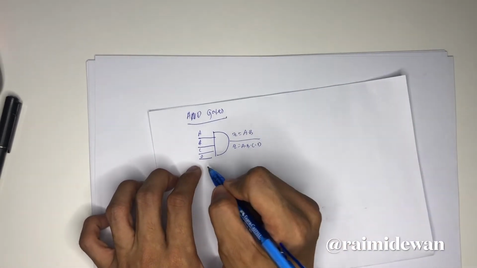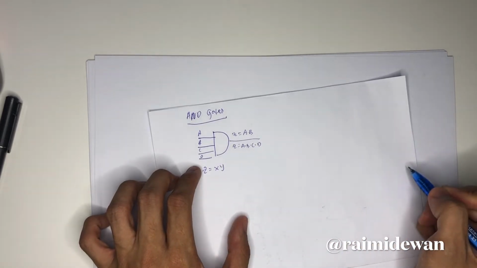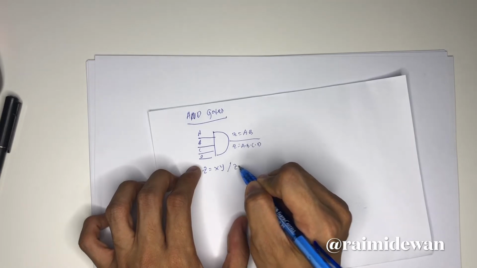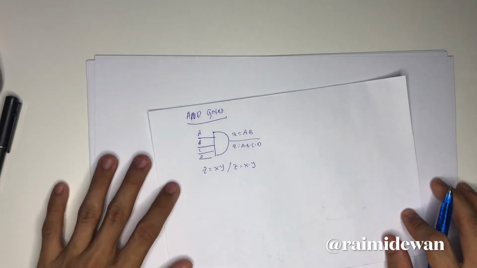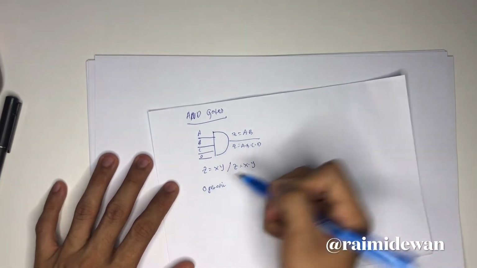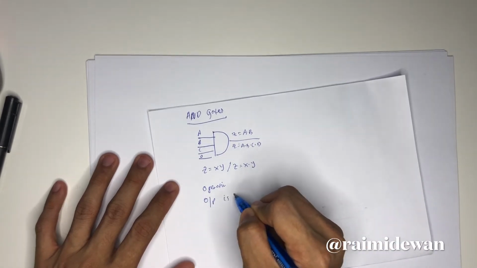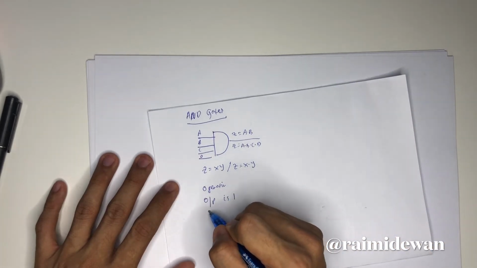The logic expression is Z equals X times Y, or Z equals X dot Y.